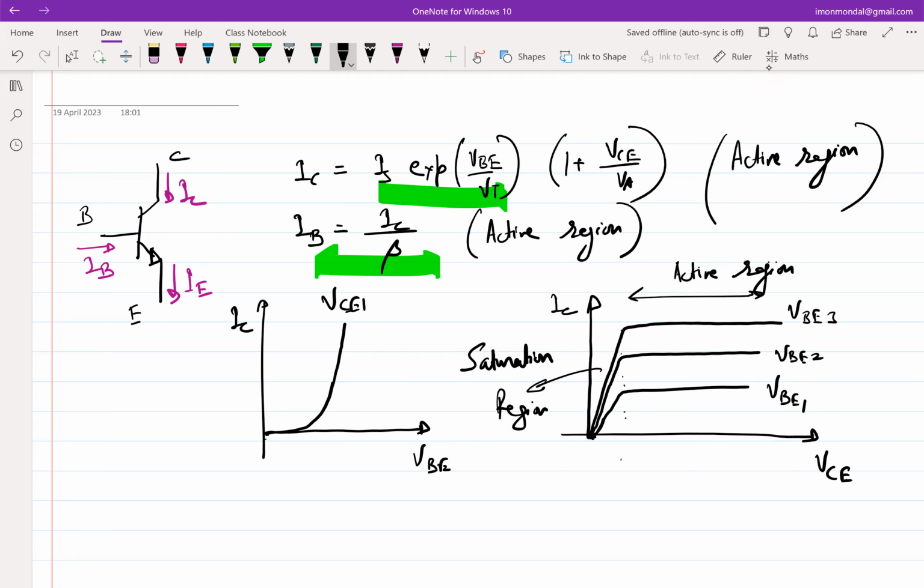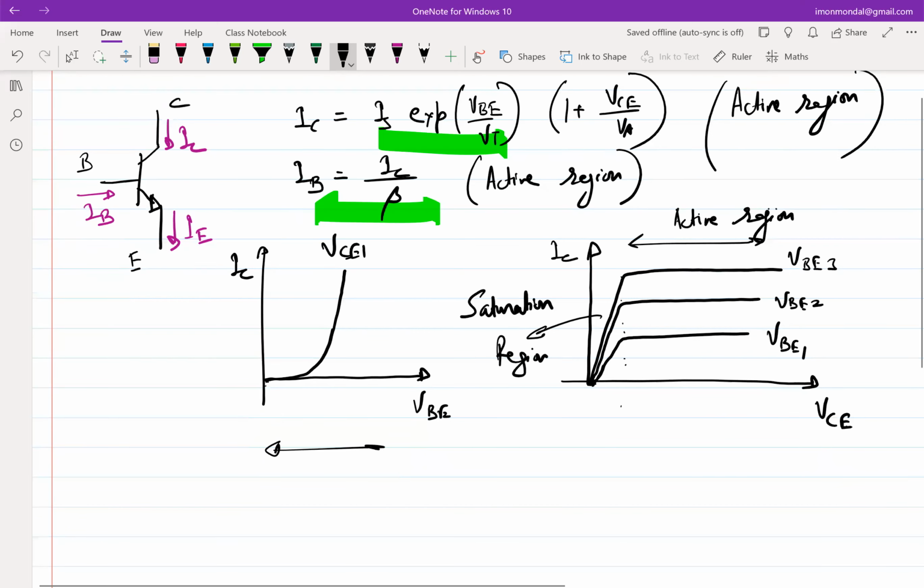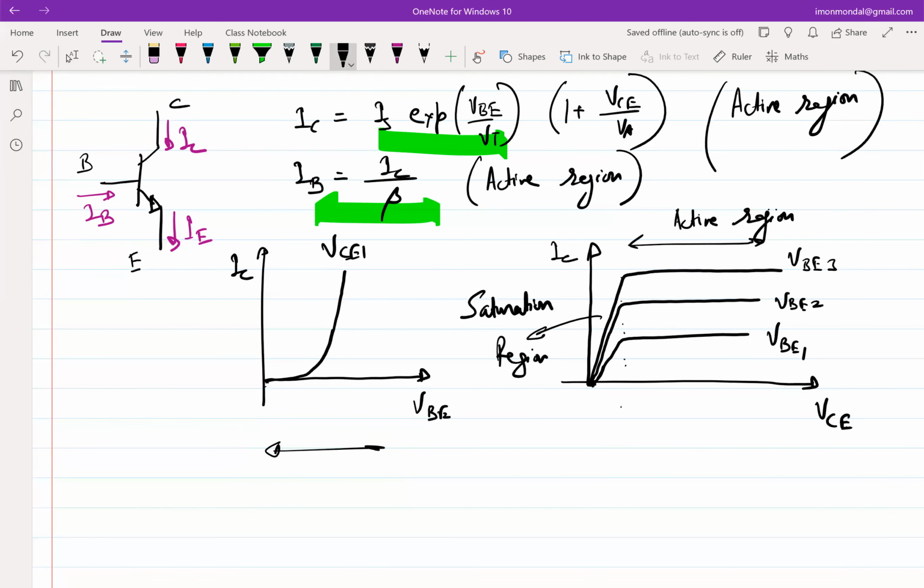It depends from where you start off. If you start off from the characteristics on the left, in case of a MOSFET also, if we increase the VGS, it kept on increasing, and beyond a certain VGS it would have been hit by the linear region problem. So in case of a MOSFET, it was going like this, then it was going like this.